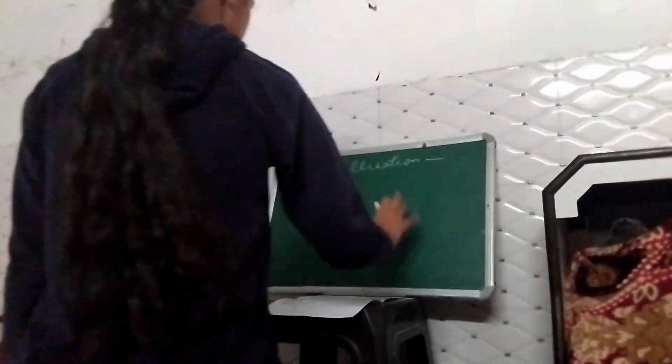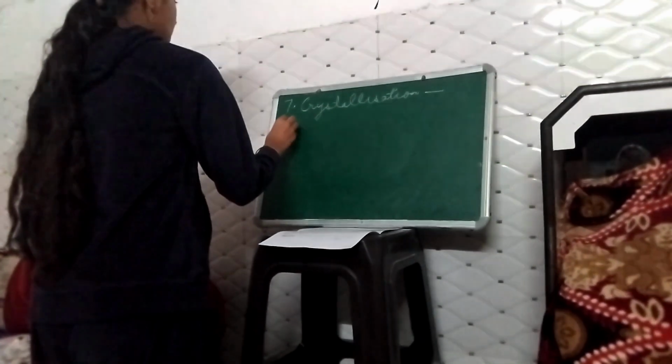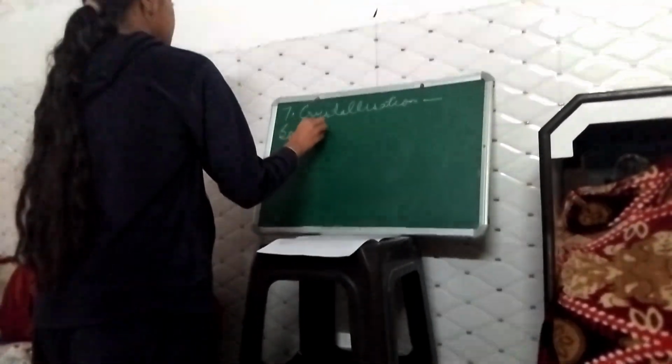So now what is crystallization? Crystallization is also an important point, a basic principle. The basic principle is to remove impurities from a mixture by first dissolving in a suitable solvent.